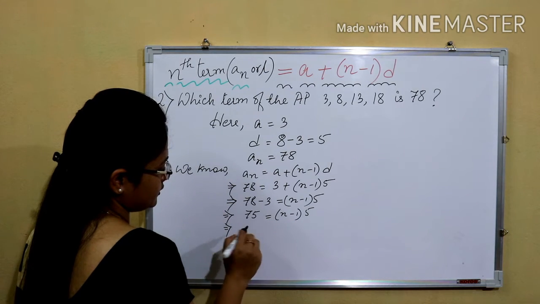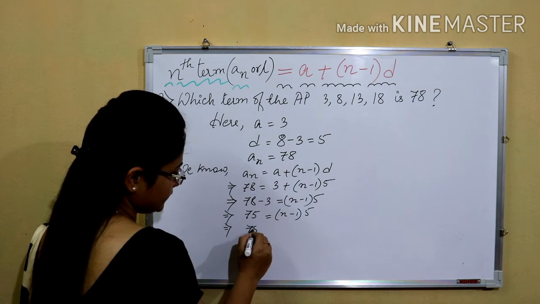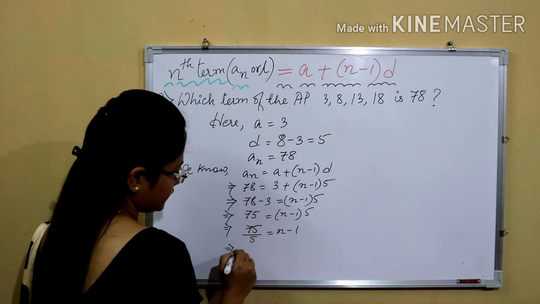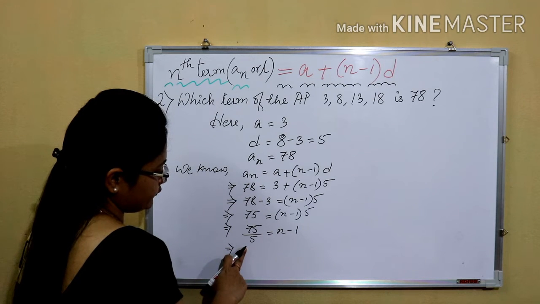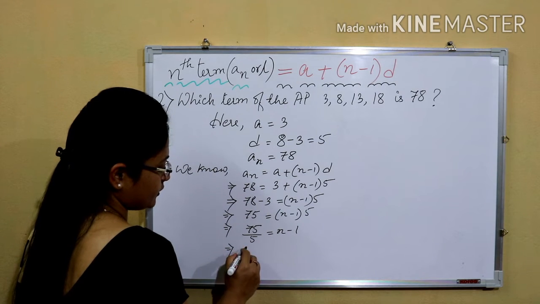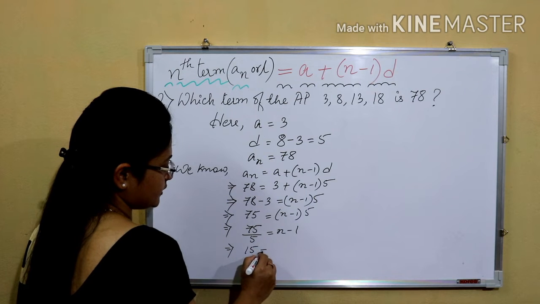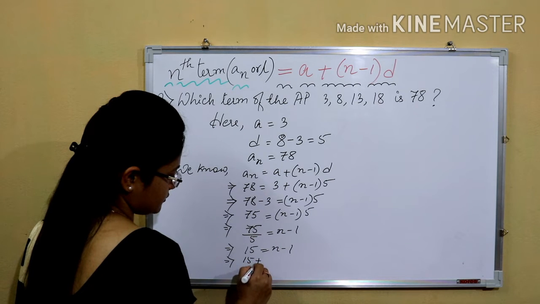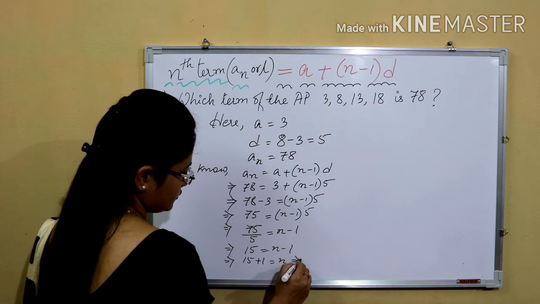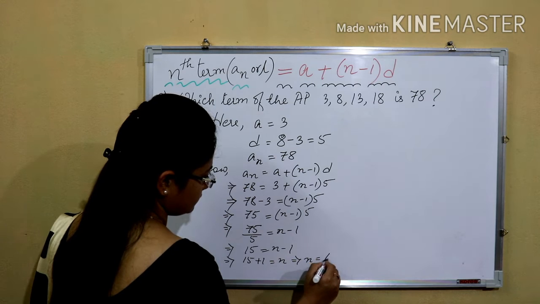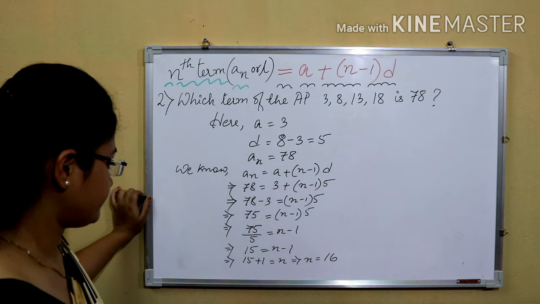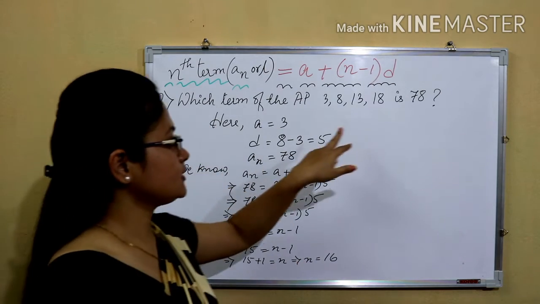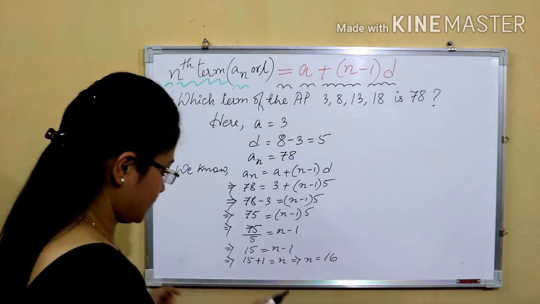If it comes to the left hand side it will be divided. 75 divided by 5 equal to n minus 1. So 5 fifteens is 75. So 15 is equal to n minus 1. So 15 plus 1 equal to n. So you got n is equal to 16.